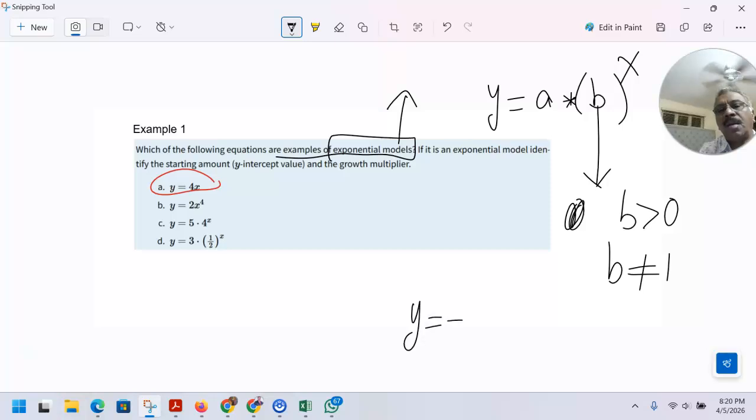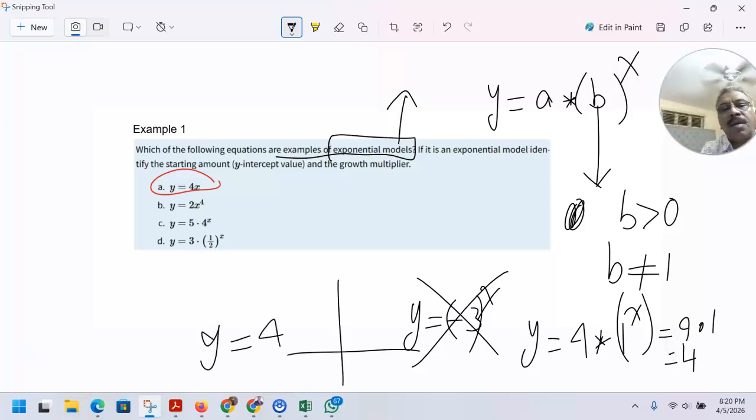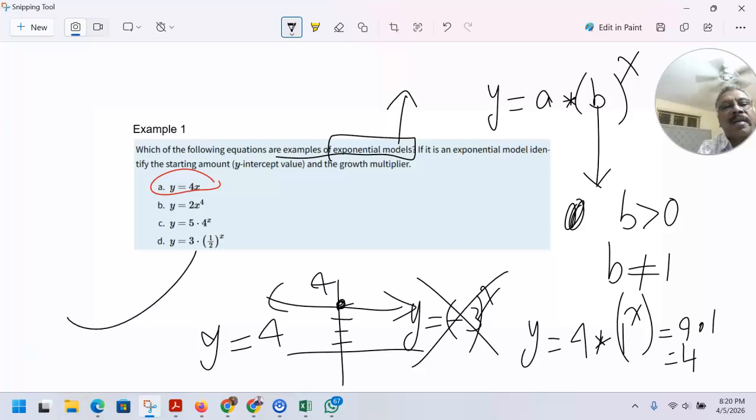This doesn't become an exponential function. Or you can't have y equals 4 times 1 raised to x, because 1 raised to x reduces to 4 times 1, which is 4. So y equals 4 reduces to a horizontal line through 4. It's not going to be an exponential growth or exponential decay.